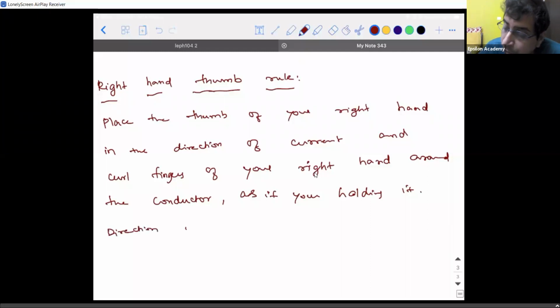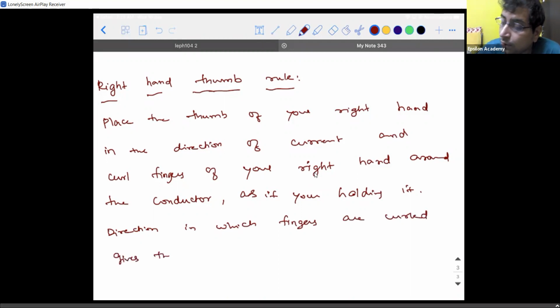The direction in which the fingers are curled gives the direction of magnetic field.